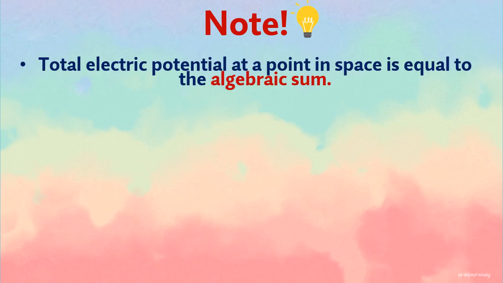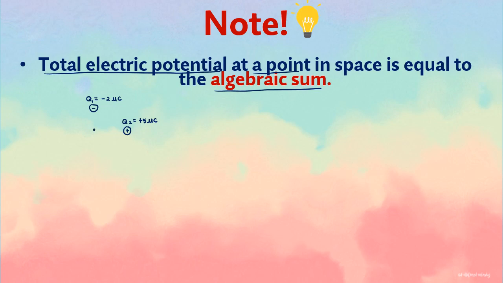Let's take note here that total electric potential at a point in space is equal to the algebraic sum. So let's see the example here. Let's say a point charge Q1 is negative 2 microcoulomb, and then the second point charge Q2 is positive 5 microcoulomb, and we have a point here.